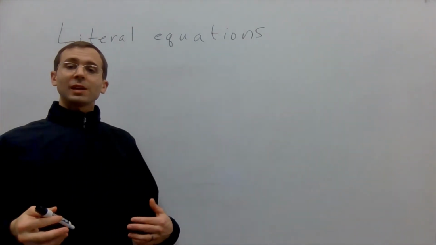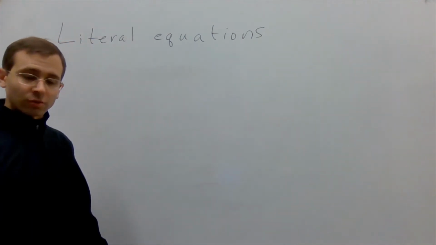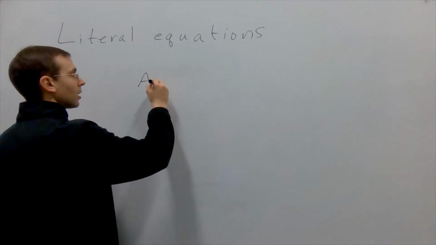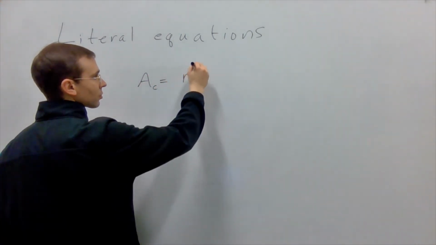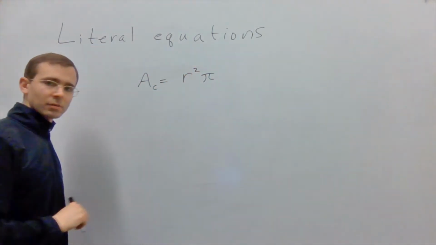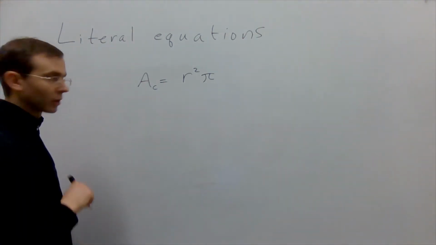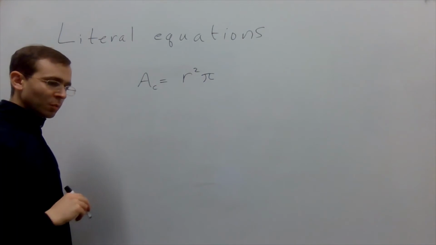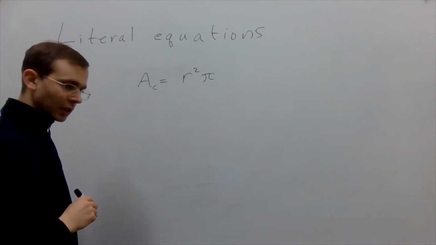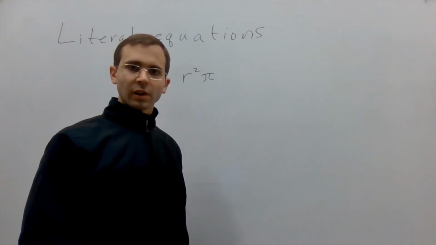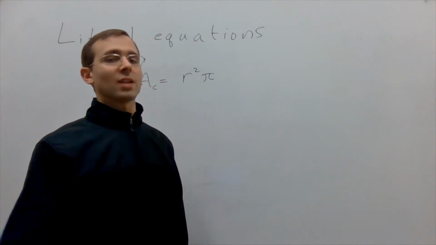There don't even have to be any numbers in a literal equation. All right, so say for instance we know that the area of a circle is the radius of the circle squared times the number pi. All right, I guess we do have a number there, but we have a Greek symbol for it. Now, let's suppose we were interested in finding out what the radius was for a given circle if you already knew its area.